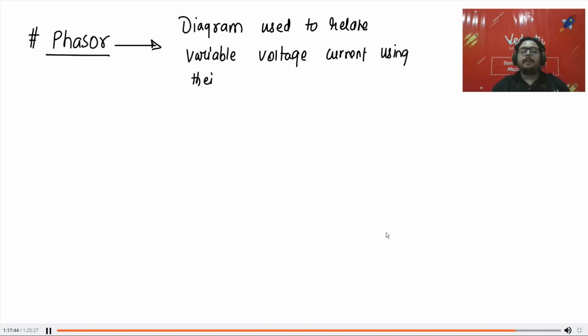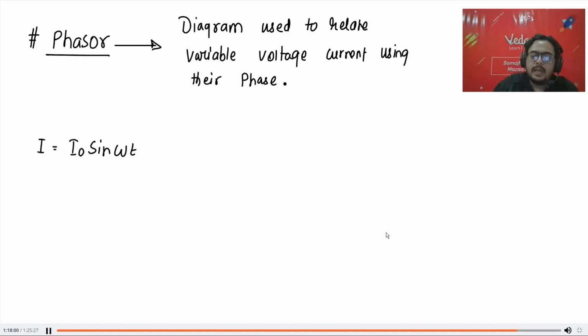Let me say, if I have two values, let me say I have current as I naught sine omega t, and I have voltage as V naught sine omega t plus 30 degree. Can you tell me, do both have same phase or different phase?